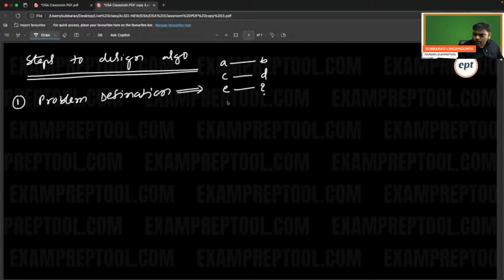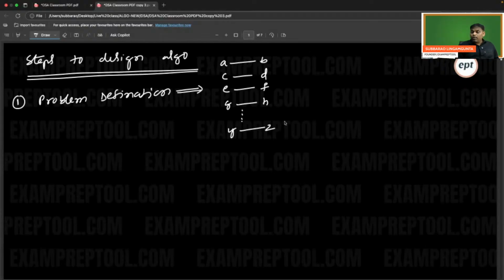G is the input, but you don't know the output, means you don't know the problem clearly. So problem definition is nothing but understanding the problem clearly, which means for every input, you know the output. E means F output, G means H output, Y input, Z output. Like that.